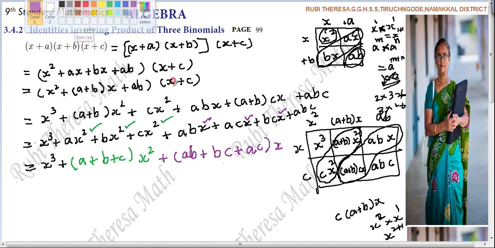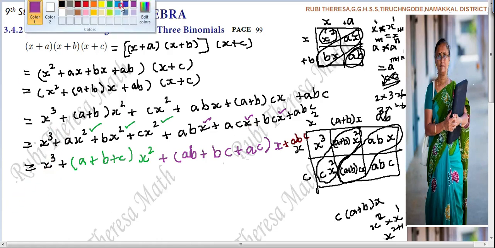Plus ABC. Understand? Here you see what it is actually. AB into X, ABX. BC into X, BCX. AC into X, ACX. Understand? So, what is the answer you are getting here?